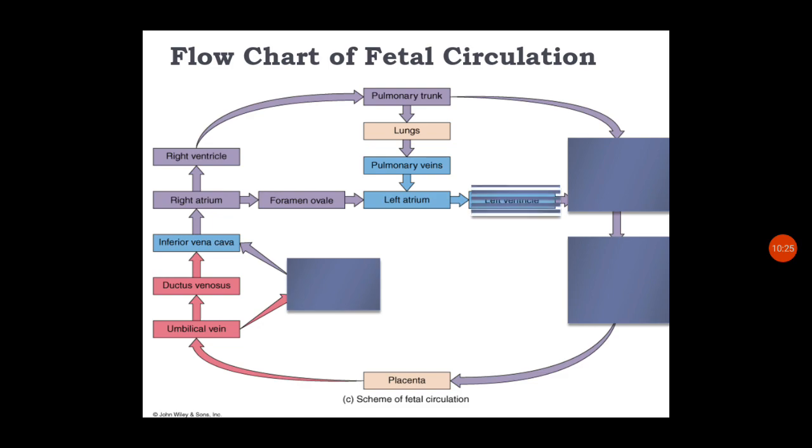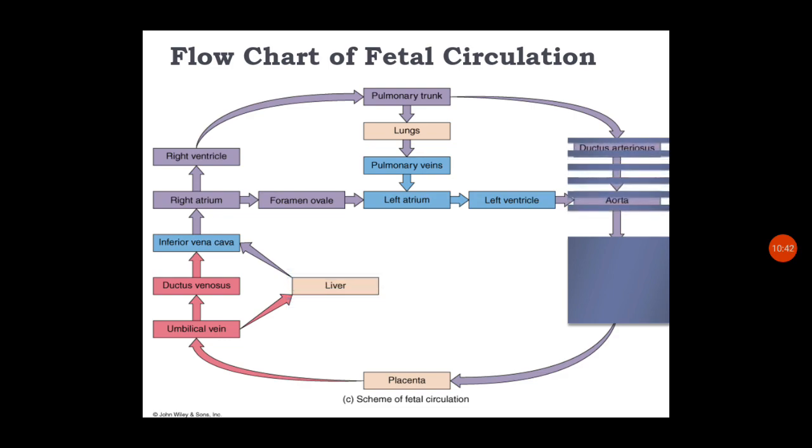So when it is reaching the left atrium, 1/3 of the inferior vena cava blood and the pulmonary vein blood coming from the lungs, very few, both from the left atrium will be reaching the left ventricle. From the left ventricle, it will be pumped into the aorta.